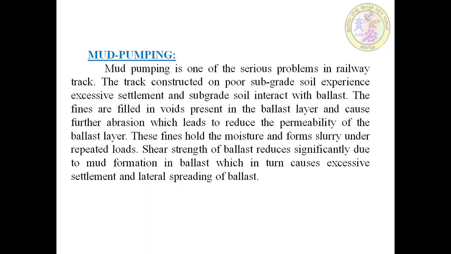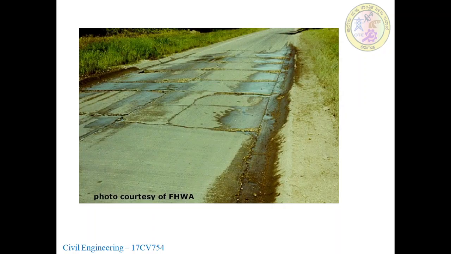A track constructed on poor subgrade soil experiences excessive settlement, and the subgrade soil interacts with the ballast. The fines fill the voids in the ballast layer and cause further abrasion, which reduces the permeability of the ballast layer. These fines hold moisture and form slurry under repeated loads. Shear strength of ballast reduces significantly due to the mud formation, which in turn causes excessive settlement and lateral spreading of ballast.